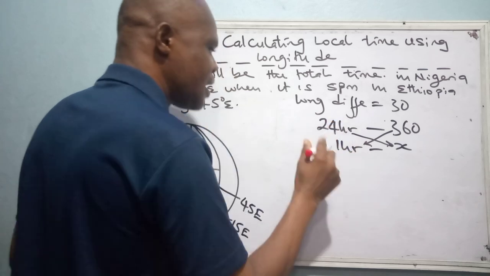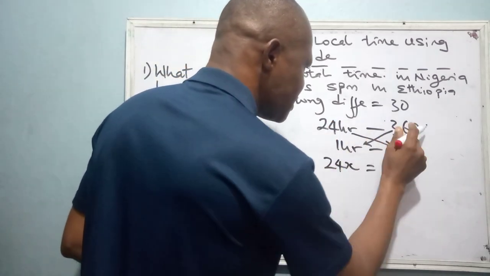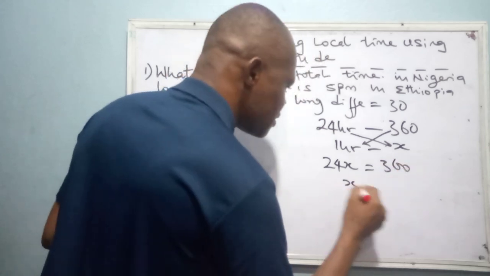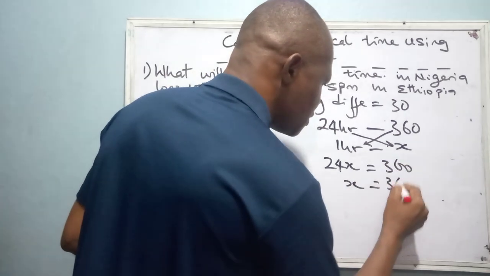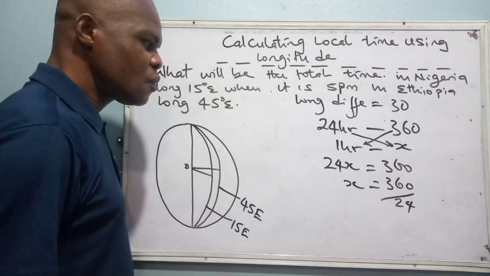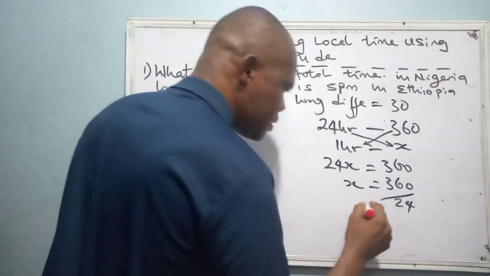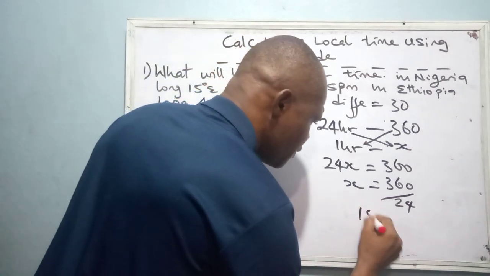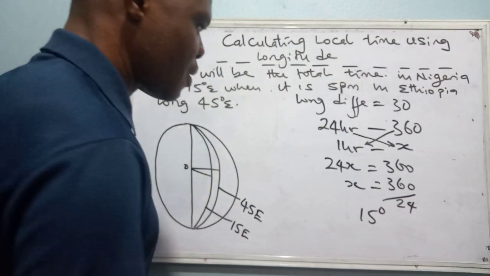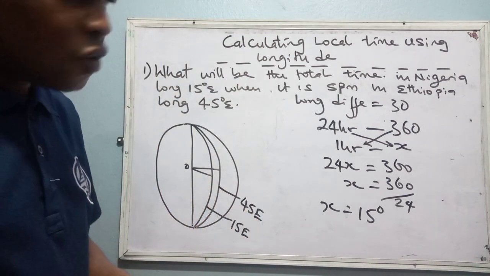So 24 times x gives us 24x is equal to 1 times 360, which gives us 360. So x is equal to 360 divided by 24. If you work out the answer, that gives us 15 degrees. So our x is equal to 15 degrees.